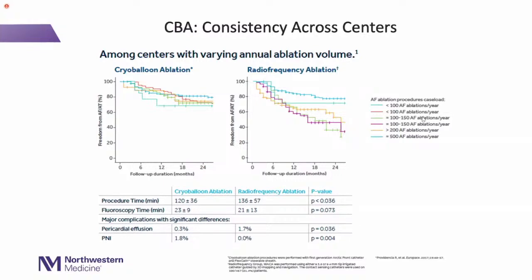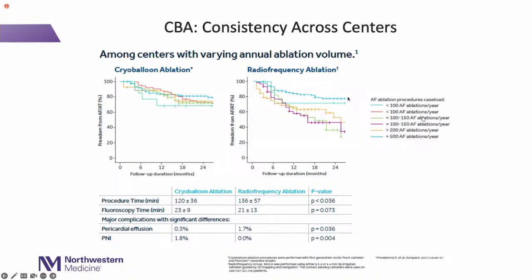Other advantages, I think, of cryo. Here's a comparison of variability based on experience or based on overall procedural volume. So these different colors depict procedural volumes of less than 100 AF ablation procedures per year, 100 to 150, over 200 or 500.